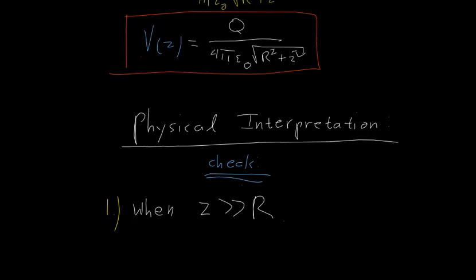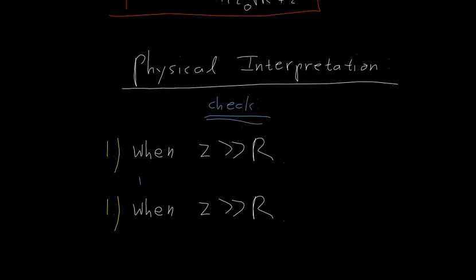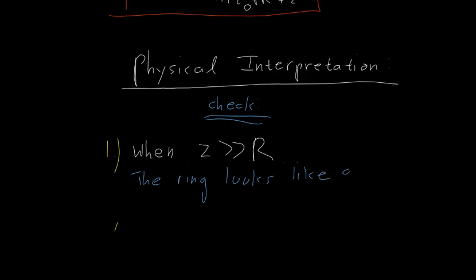This means that the ring looks like a point charge.